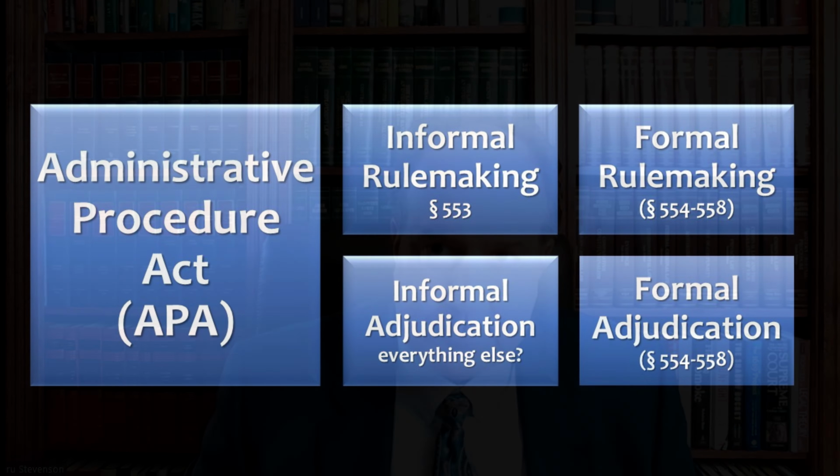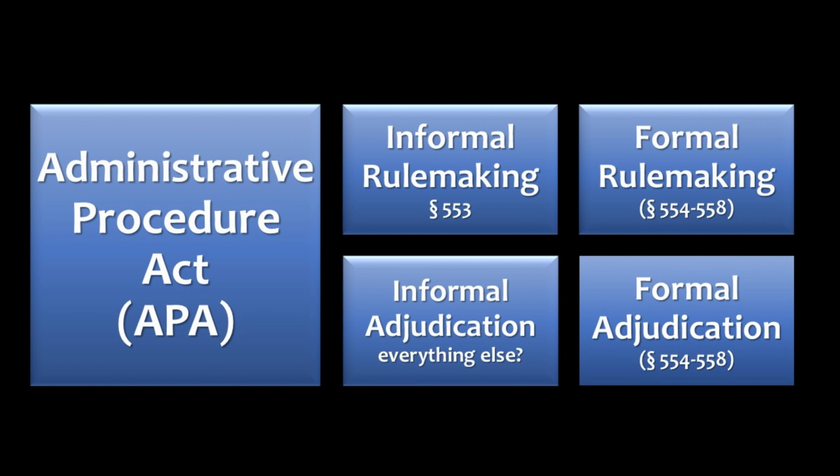It's pretty rare. Informal rulemaking is much more common, and this is governed by Section 553 of the APA. We're going to be talking about that a lot more in this chapter than we are about formal rulemaking. Now, it's a bit of a misnomer. Informal rulemaking still has some formalities that have to be followed.